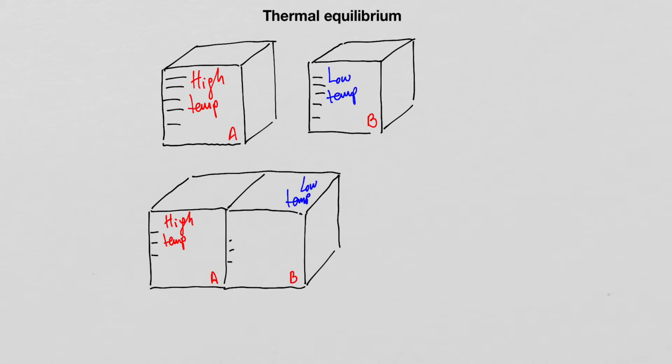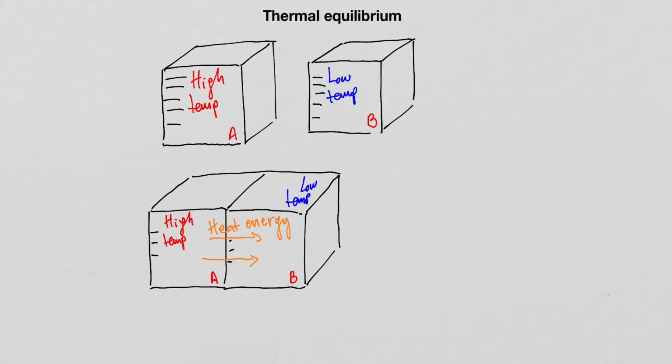Bringing the two cubes in contact with each other and isolating them from the surroundings will result in heat energy flowing from the hotter cube towards the colder cube. So the atoms of the steel in cube A will lose energy, and the atoms of cube B will gain energy.